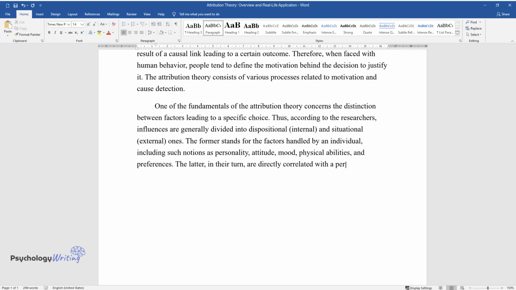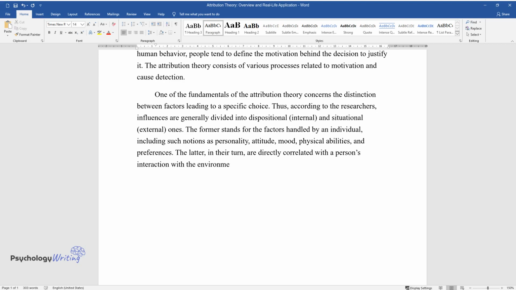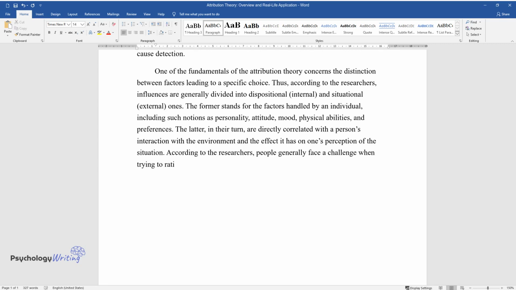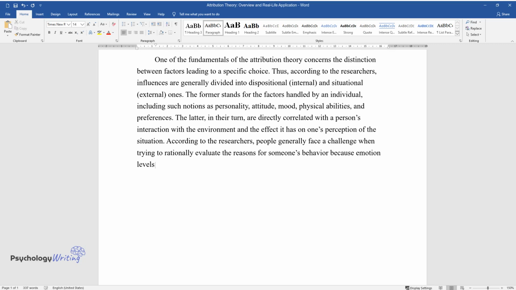The latter, in their turn, are directly correlated with a person's interaction with the environment and the effect it has on one's perception of the situation.